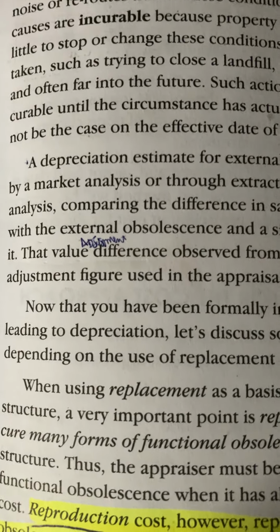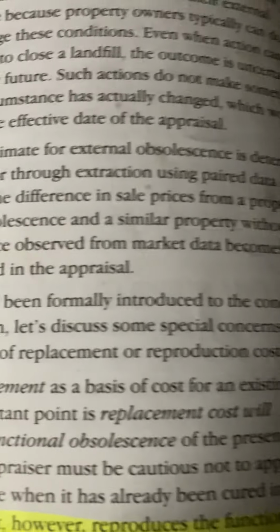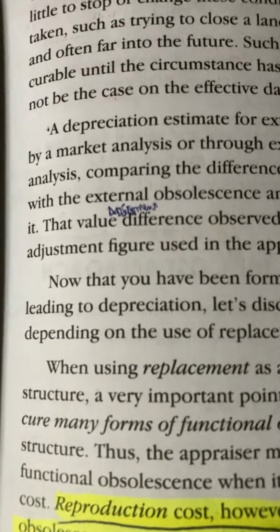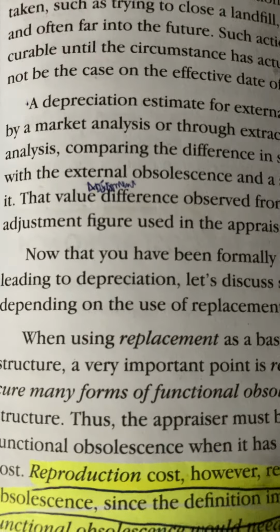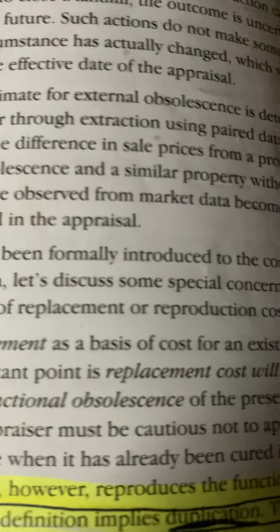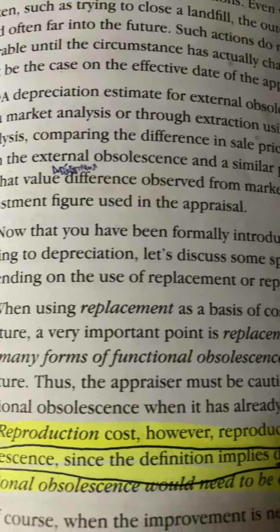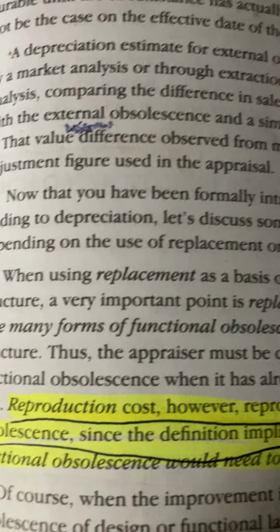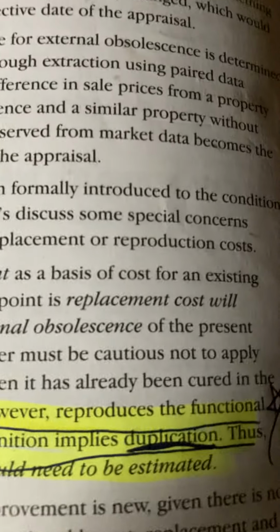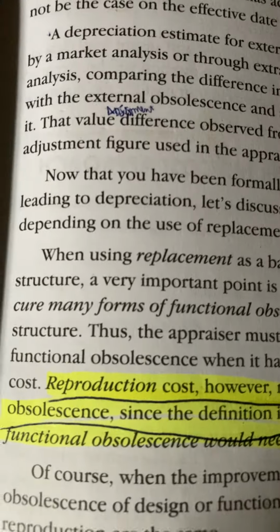That value adjustment difference observed from market data becomes the adjustment figure used in the appraisal. Now that you have been formally introduced to the conditions leading to depreciation, let's discuss some special concerns depending on the use of replacement or reproduction costs.